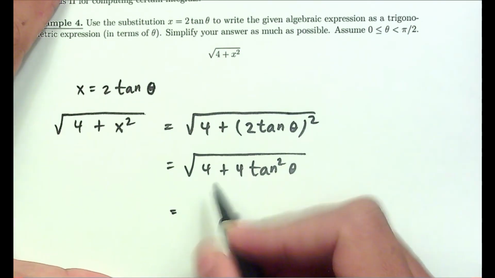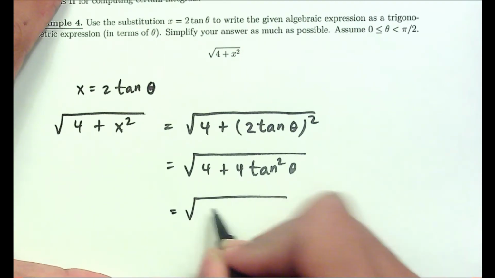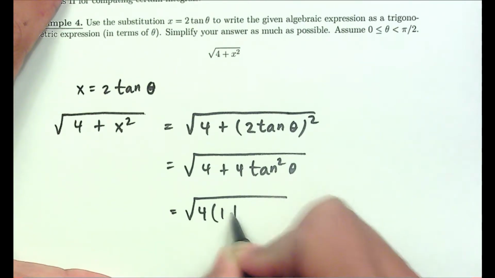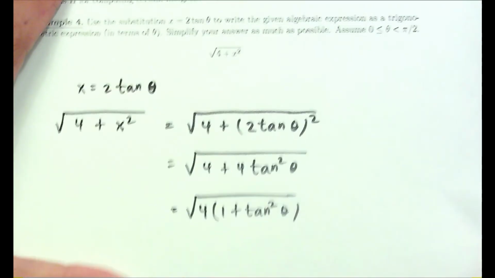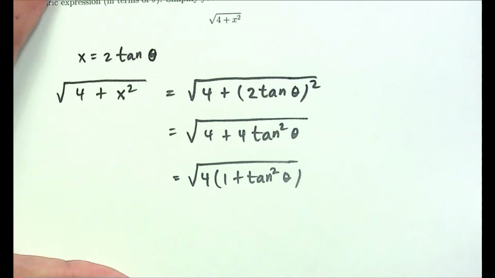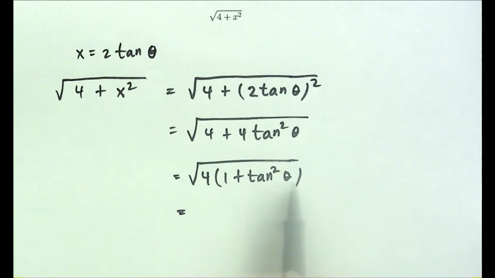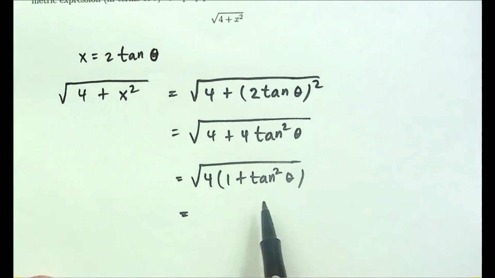Now note that 4 is repeated, so it's a common factor, so you can factor it out and say this is 4 times (1 plus tangent squared). What happens now is that this is going to be one of the trigonometric Pythagorean identities, and 1 plus tangent squared is secant squared.